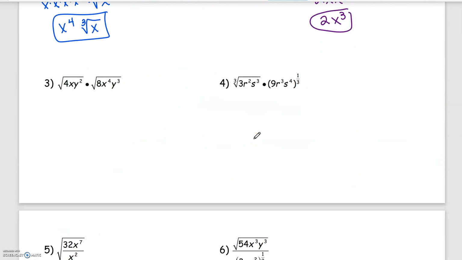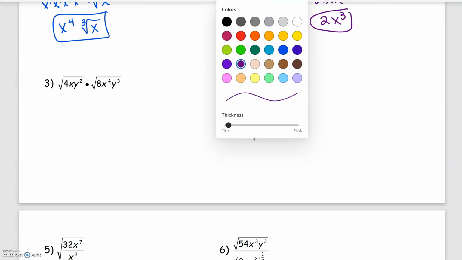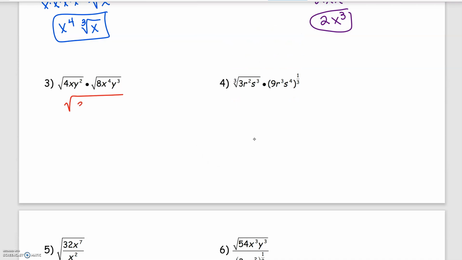All right, if you want to go ahead and try number 3 and then push play to check when you're ready. Since they are both the square root, we can go ahead and multiply.